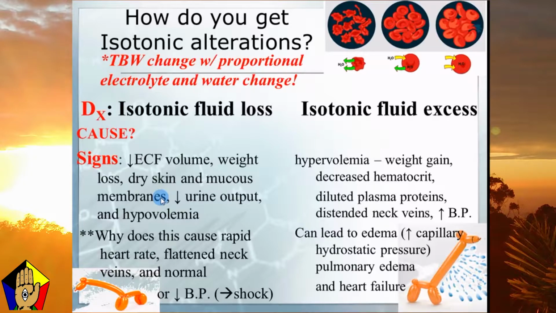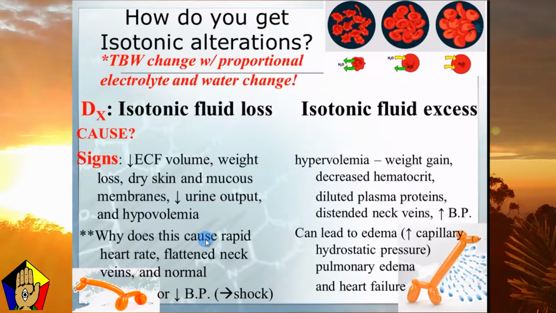Of course, with hypovolemia, you have to worry about pressure dropping, so shock. Why would this cause a rapid heart rate? If you decrease your volume, why does your heart beat faster? You see that symptom because it's trying to push the same amount of blood to the tissues all the time. If you don't have very much volume, you have to increase the rate.